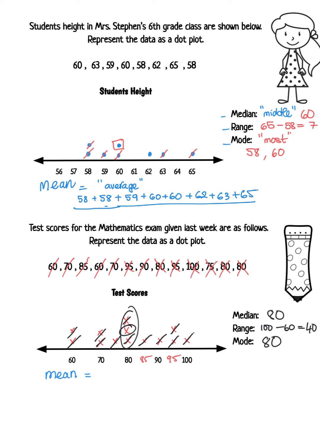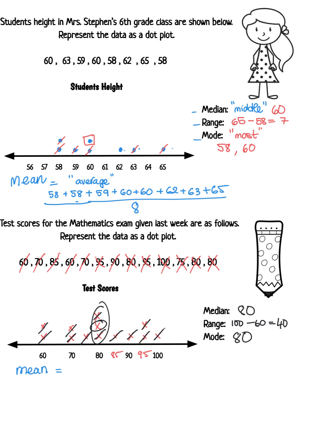So we have 1, 2, 3, 4, 5, 6, 7, 8. You will add. Then you're going to divide by 8 because there are 8 of them. You can pause the video, add them up, divide by 8, and compare your answer with me.